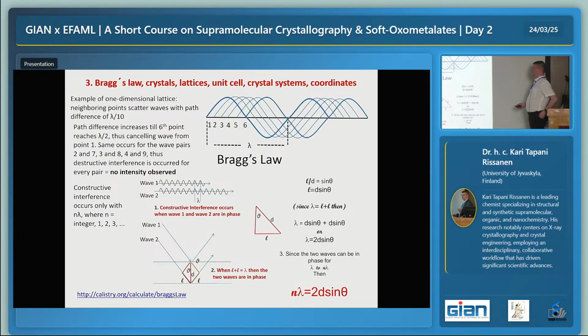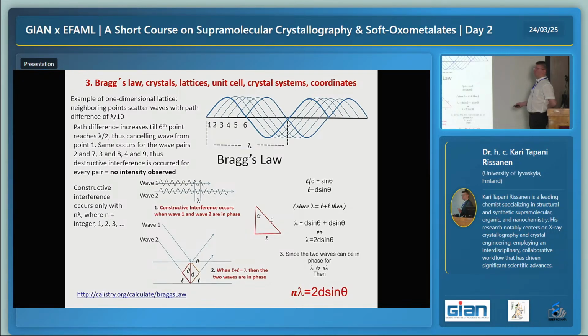And this is really important for us because, let's consider that there is an imaginary plane here, and the wave 1 hits there and diffracts. This we know from Bragg's law already, how it diffracts, because we defined our X-rays, we know the wavelength, and then we can measure this theta angle, and then we can measure the distance between these two planes.